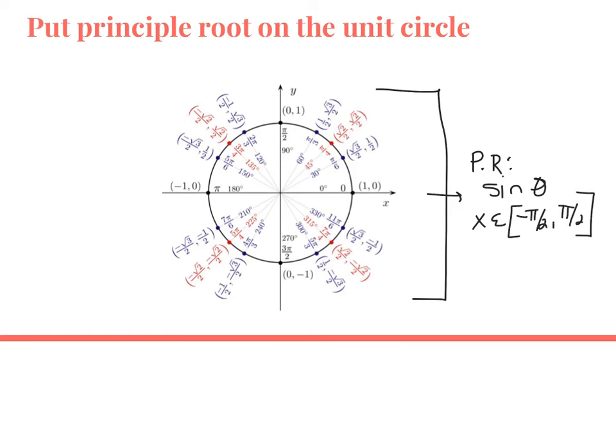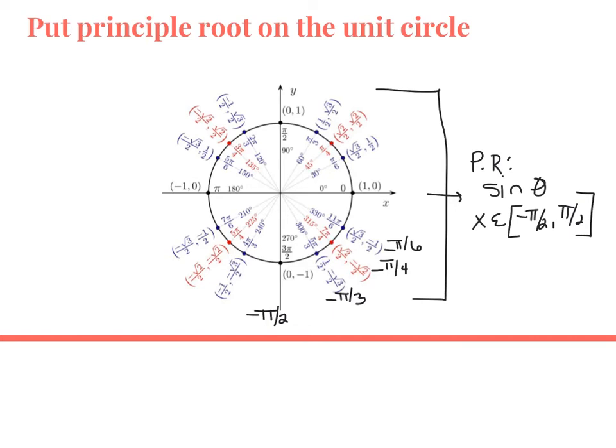So I want to go ahead and label those points on my unit circle. Starting at 0, if I go clockwise, that first point I get to would be negative pi over 6. The next point I get to is negative pi over 4. The third point is negative pi over 3. And the fourth point is negative pi over 2. Now both our domain is represented and our principal root is represented with those numbers.